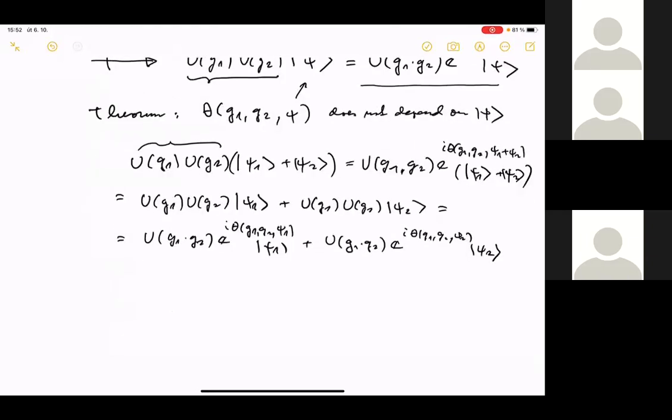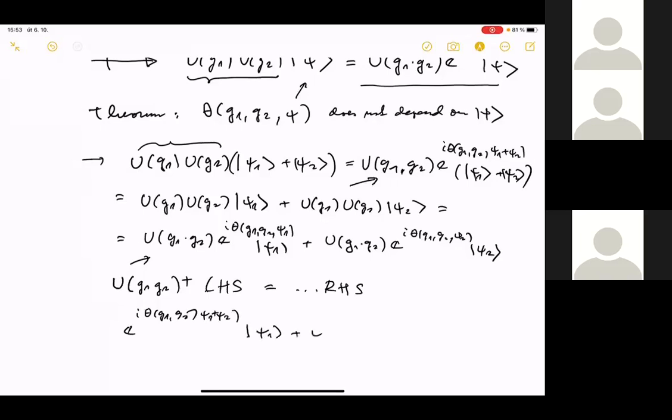So comparing the left-hand side and right-hand side, and multiplying both sides by the inverse of U(G1 times G2), because this is unitary or anti-unitary so it has an inverse, on the left-hand side we get e to the i theta(G1, G2, psi1 plus psi2) times psi1 plus psi2.